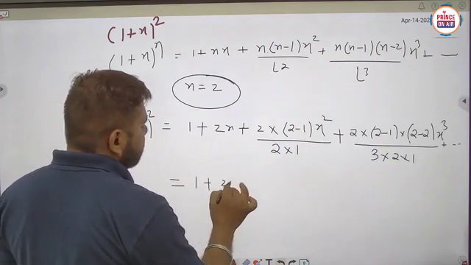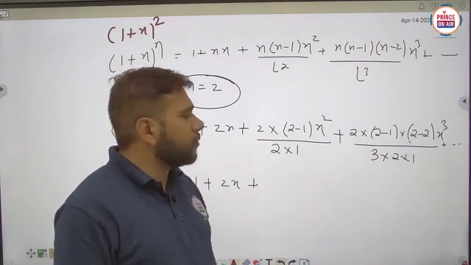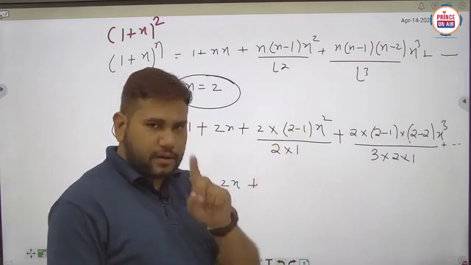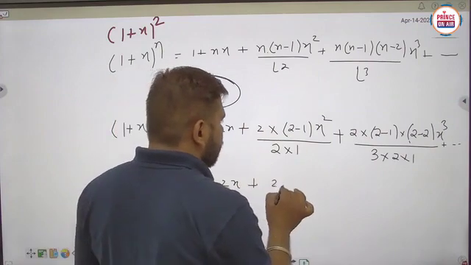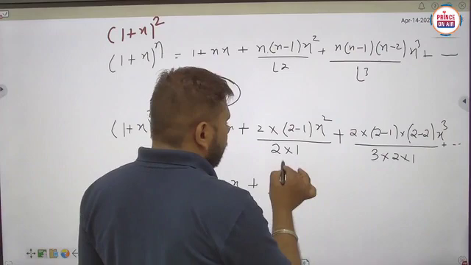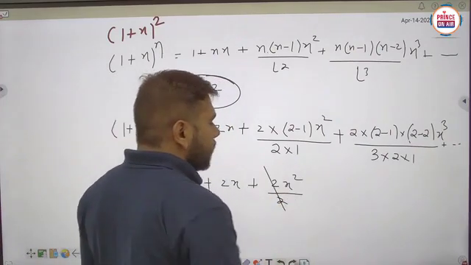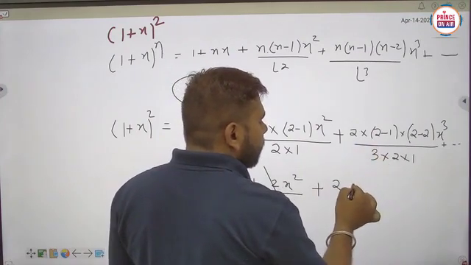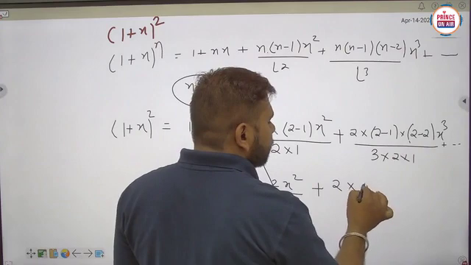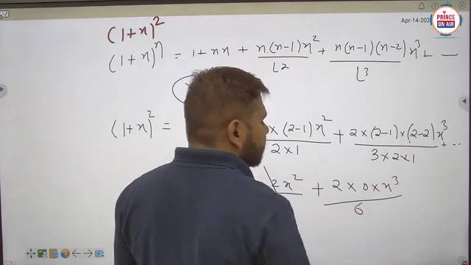1 plus 2x plus, beta, 2 into (2 minus 1), 1, 2 into 1, 2x square upon 2 into 1, the 2 and 2 cancel out, plus 2 into 1 into (2 minus 2), 0, into x cube upon factorial 3, which is 6.